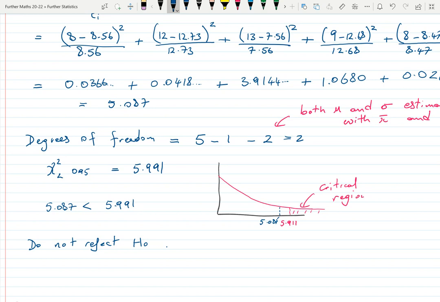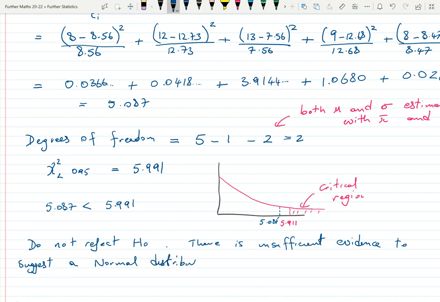So they will want something like this: there is insufficient evidence to suggest a normal distribution is not a good fit.